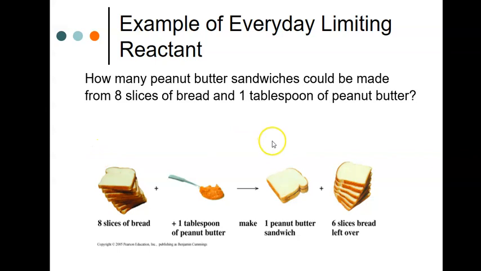So you can make only 1 peanut butter sandwich. So your bread in this case stands for your excess. You have excess bread. So your peanut butter is your limiting reactant or limiting item because it limits you to only 1 sandwich.